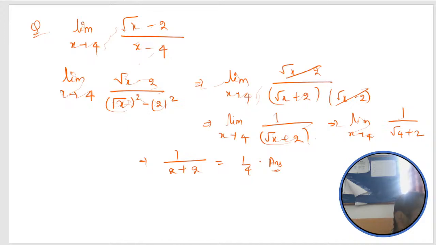Let's move to the trigonometric expressions to find the limit. The first question to find the limit on the trigonometrical functions is limit x tending to 0 sin 3x upon sin 2x.